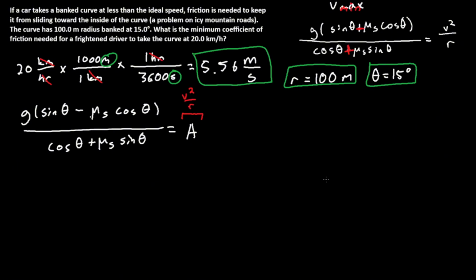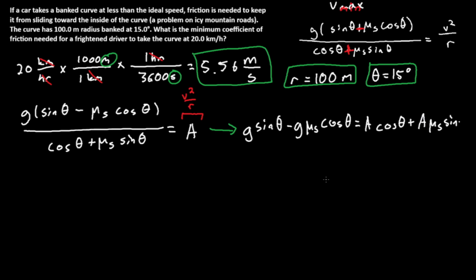Well, in order to isolate mu, every time you want to isolate a variable within a fraction, you want to get rid of the denominator. Let's multiply both sides by the denominator. So you get gravity sine of theta minus gravity mu of s cosine of theta is equal to a cosine theta plus a mu of s sine theta.